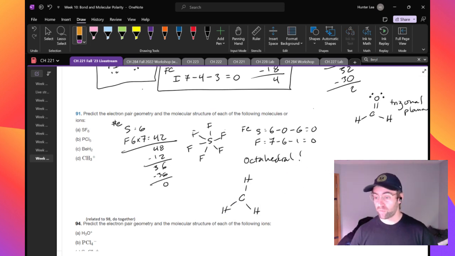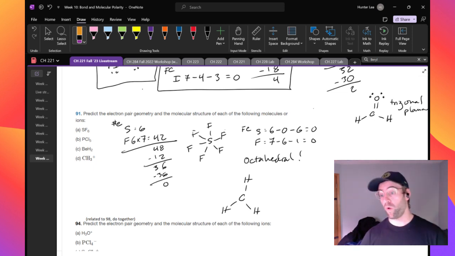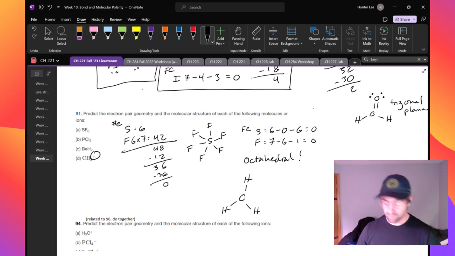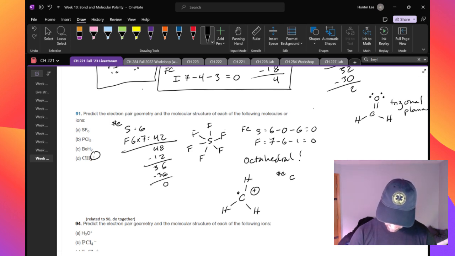We know that carbon would normally have 4 valence electrons, but one of those is missing to account for that positive charge. It couldn't be missing from one of the hydrogens. So 2, 4, 6, we could have 7. There's our 1 electron. Let's do our accounting. Carbon has 4.